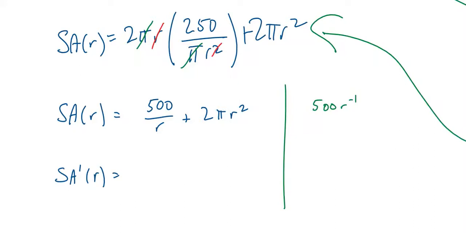But I know it's negative 1, so I just know it's going to make the whole thing negative. And then I'm going to subtract 1, which is going to be r to the negative 2, so it's going to end up being over r squared. I mentioned this the other day: once you've done it a bunch of times, you kind of know how it's going to work out, and you don't need to rewrite and do all that fancy stuff. You can probably just get there. So negative 500 over r squared plus 4 pi r.